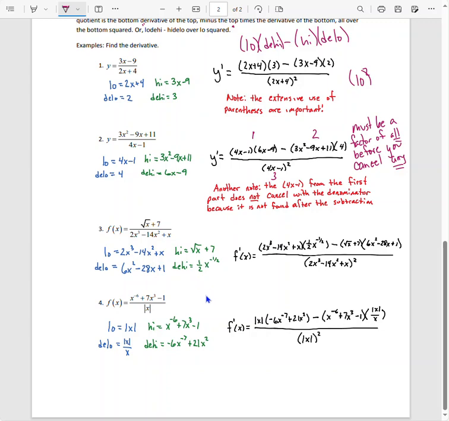I swear to you. Last example, f of x is x to the negative 6 plus 7x cubed minus 1 all over the absolute value of x. I identify my low as the absolute value of x, and d low, therefore, is absolute value of x over x. High in the numerator is x to the negative 6 plus 7x cubed minus 1.